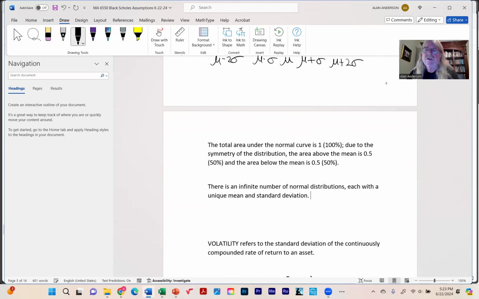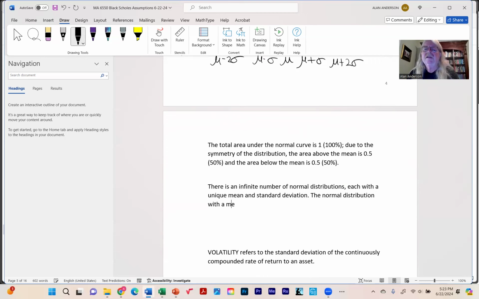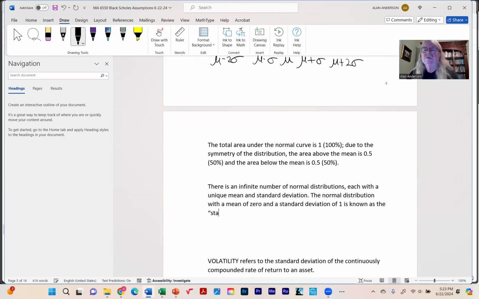There's one that's particularly useful in many applications. The normal distribution with a mean of 0 and a standard deviation of 1 is known as the standard normal distribution.